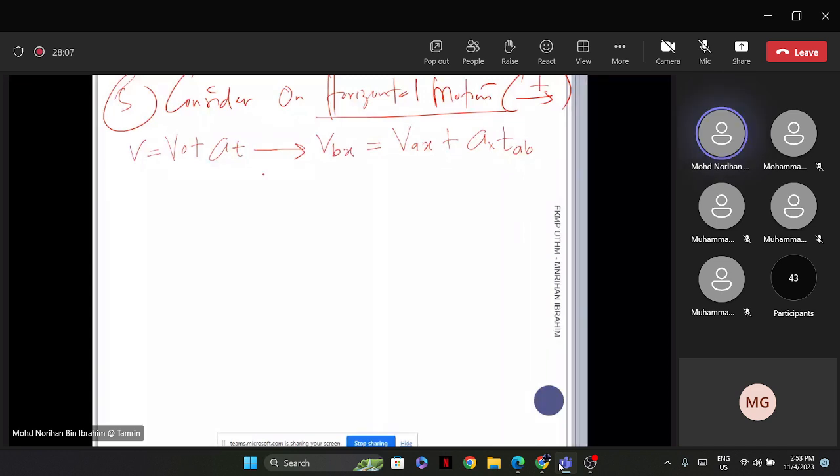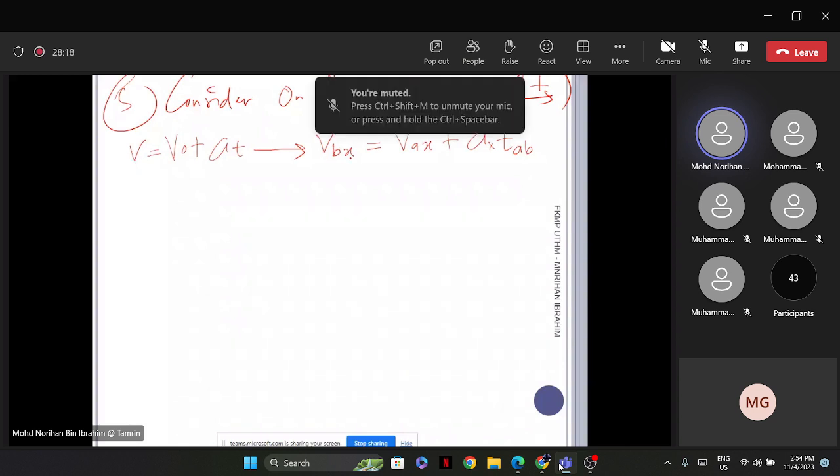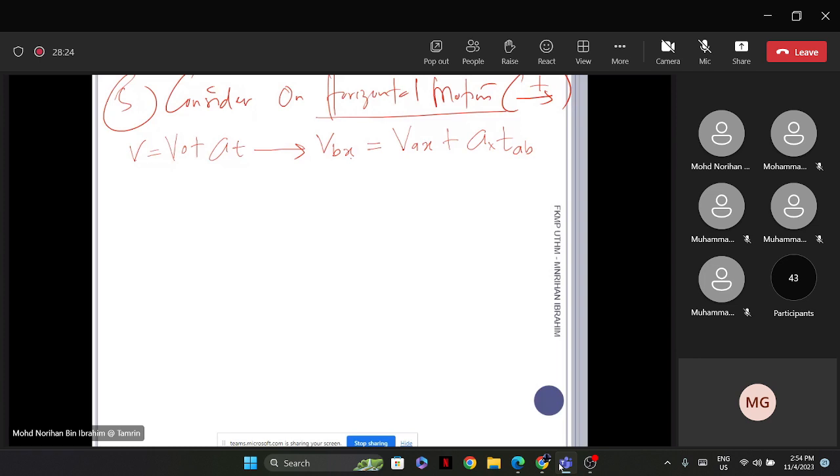So ni ada persamaan between this one and also this one. We consider everything in the x component. The x component for the final velocity is vbx, and the x component for the initial velocity is vax.